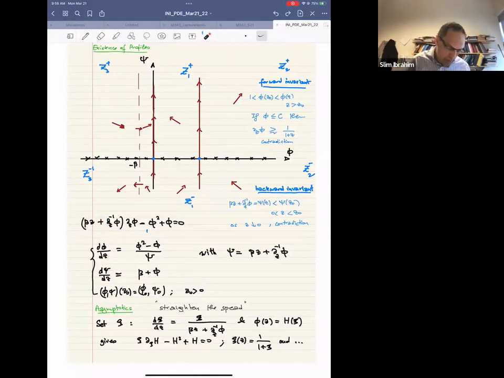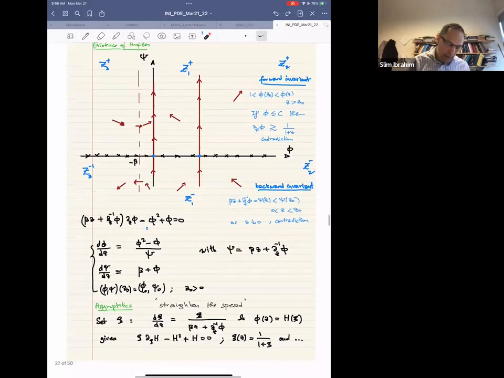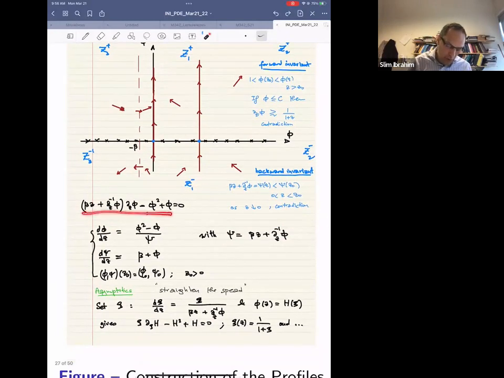But we can make it autonomous by changing variables. If we set psi to be this speed here, then we can rewrite this equation as this system, and we can basically do phase space analysis. So we can draw the vector field.